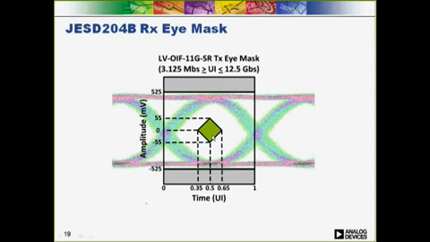In this mask, the horizontal eye opening is 70% closed, so there's just a 30% eye opening horizontally. The minimum vertical eye opening is 110 millivolts. The receiver must be able to tolerate a maximum swing voltage of up to 1,050 millivolts.